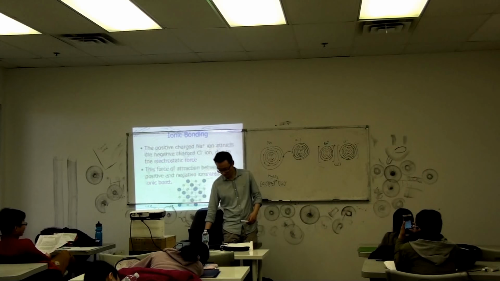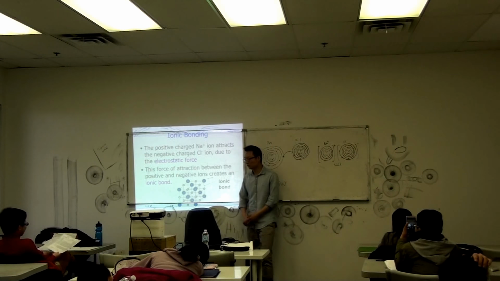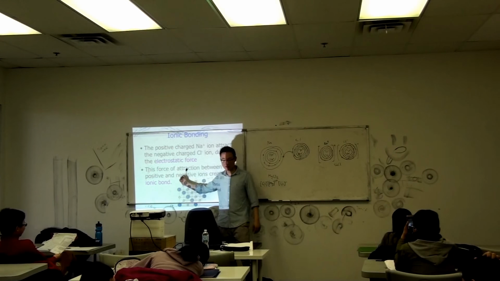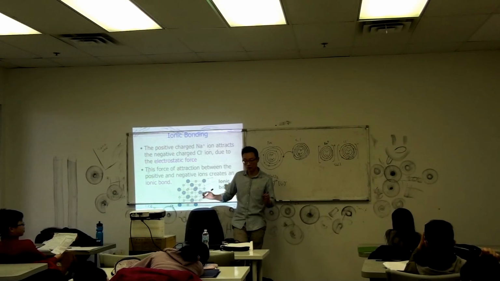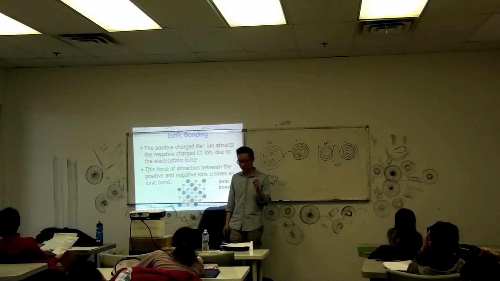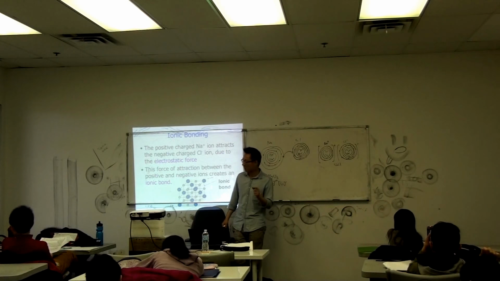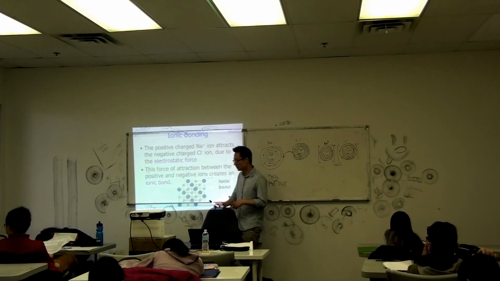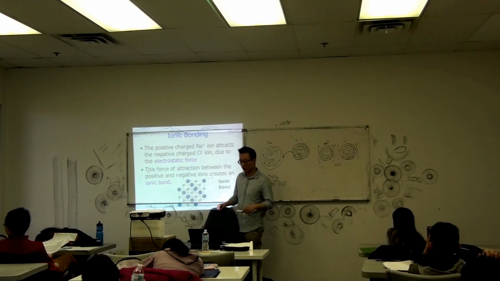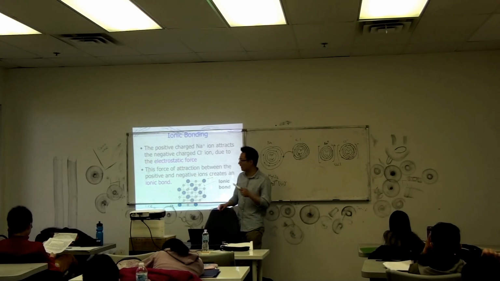Moving on. Keep in mind this is the word I have highlighted. This kind of force that draws the 2 atoms, the 2 ions, together is called electrostatic force. I want to see you start writing this down, please.